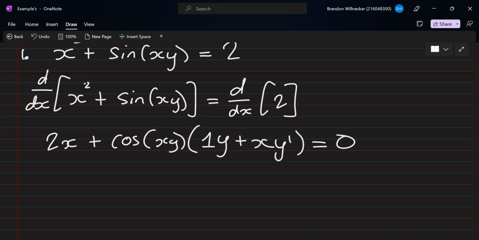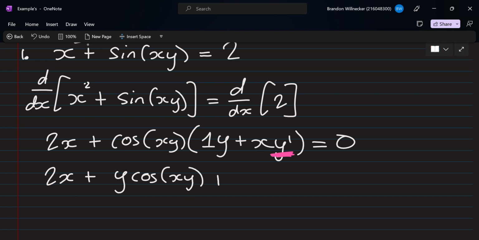Now we want to solve for y prime. So let's multiply out that bracket so that we can eventually get y prime by itself. So 2x plus y cos xy plus xy prime cos xy is equal to 0.